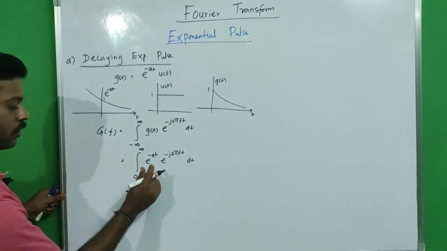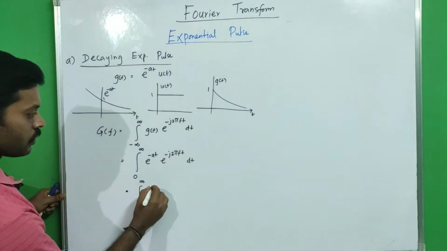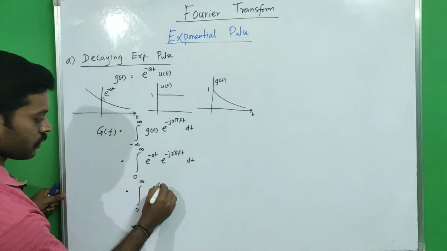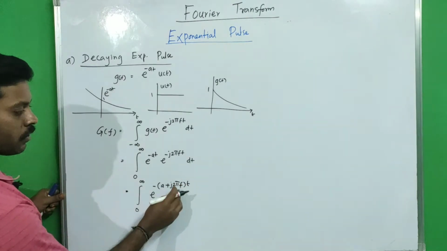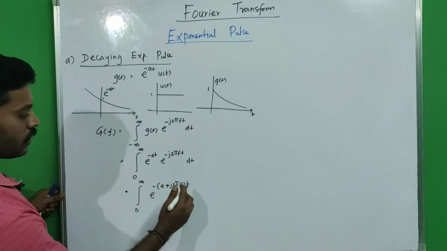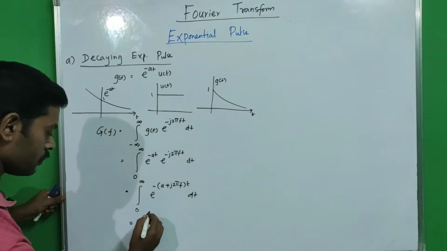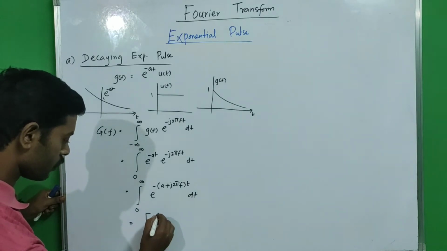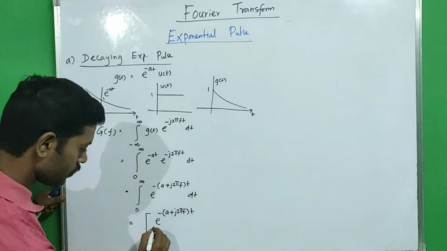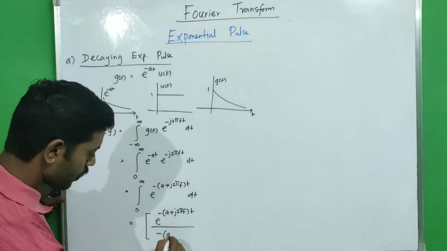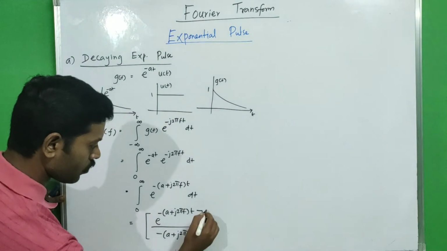From 0 to infinity, we combine these two exponentials: e power of minus, taking the minus outside, a plus j 2 pi f, times t. The t is also common, so you can take it outside, dt. Now we integrate this exponential, so we get e power of minus a plus j 2 pi f t divided by minus a plus j 2 pi f, with lower limit 0 and upper limit infinity.